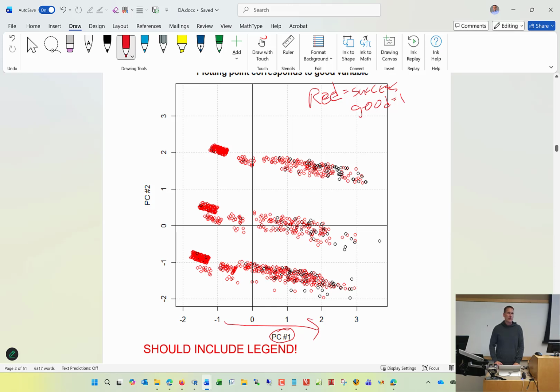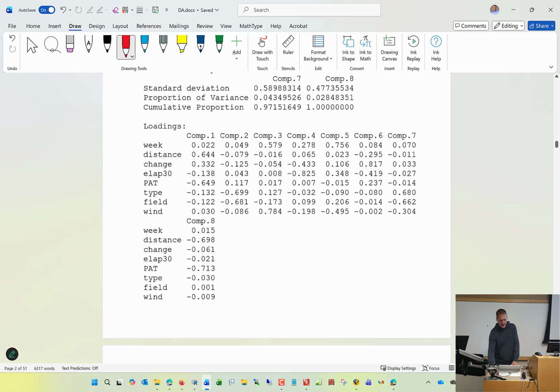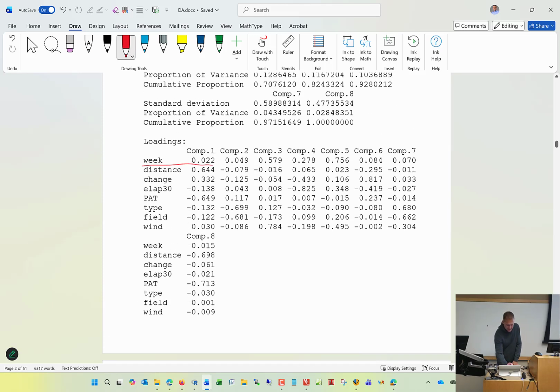So for those of you who are football fans, what do you think principal component number 1 is representing? Distance. Let's go back. Notice you also have PAT there. PAT is binary, whether it is a field goal or point after touchdown, and this PAT is closely related to the distance.